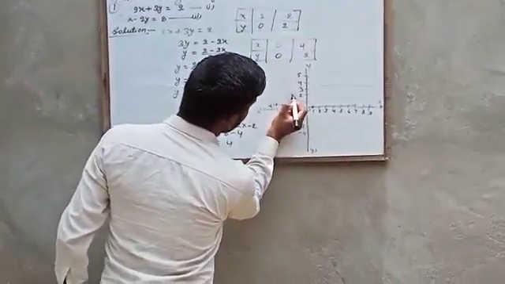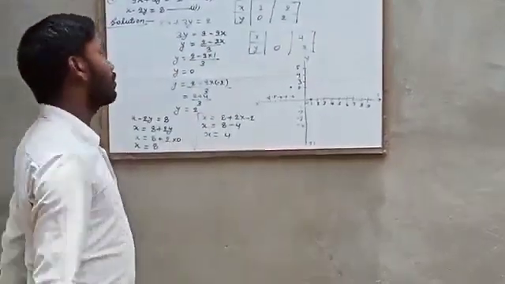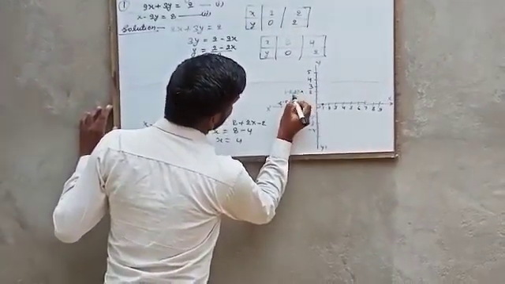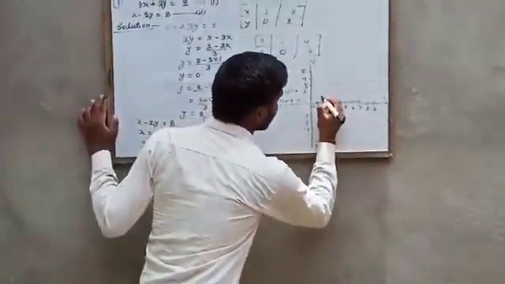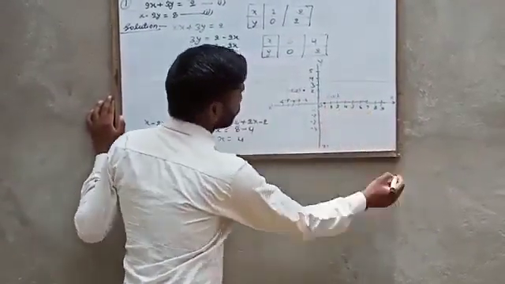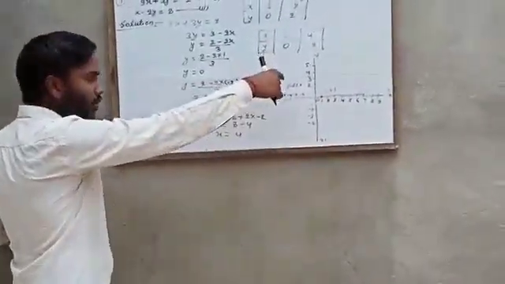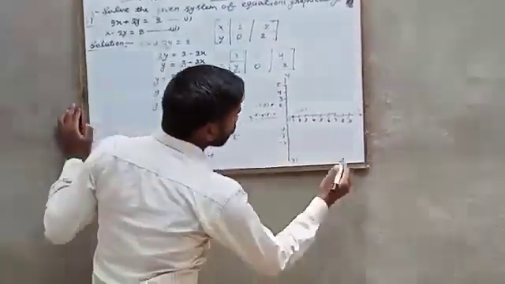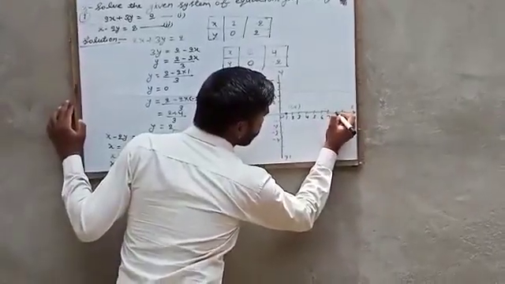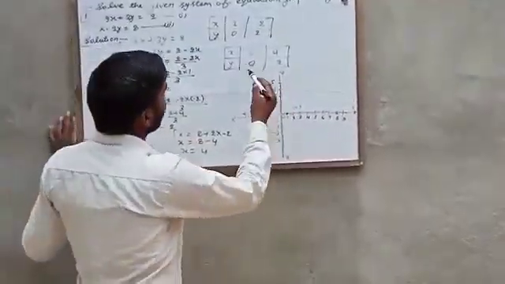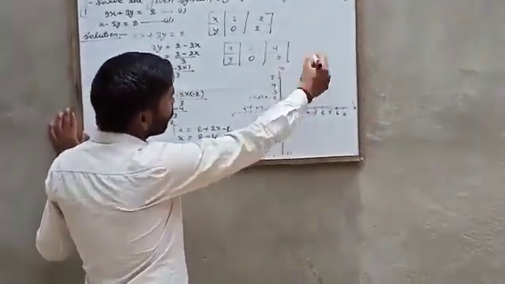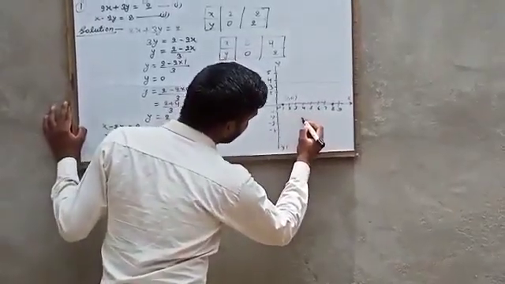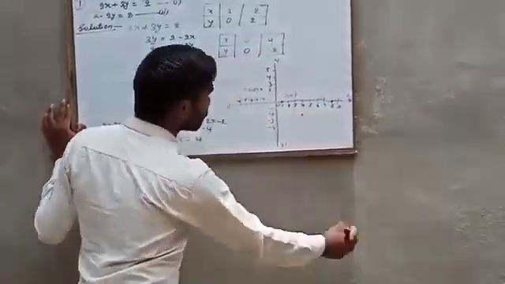So it will be here, minus 2 and 2. This one is 1, 0. Again this one we will plot here. When x is equal to 8, then y is equal to 0. So it will be here, 8, 0. And when x is equal to 4, then y is equal to minus 2. So x is equal to 4 and y is equal to minus 2. So it will be here.